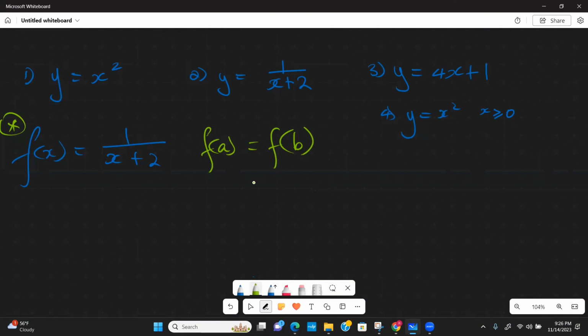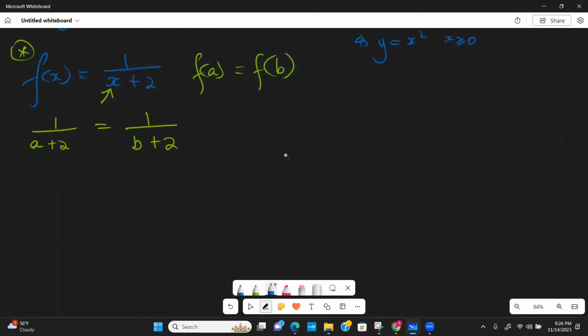So let's go. I'm going to substitute a here: 1 over a plus 2 should equal 1 over b plus 2. As you can see, I have substituted a and b where x is, and we're going to equate them. I'm going to do cross multiplication.